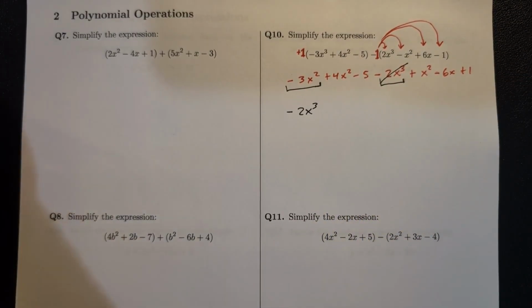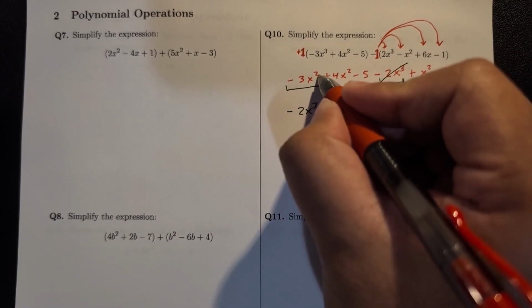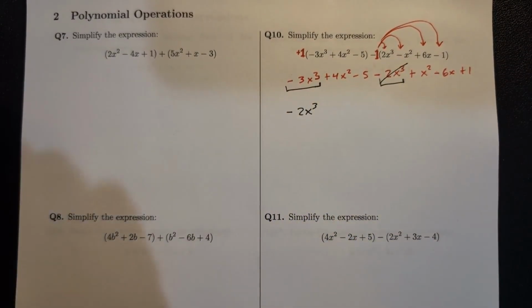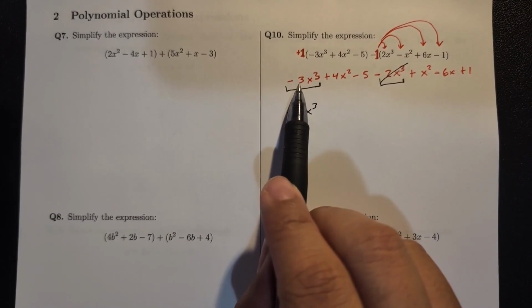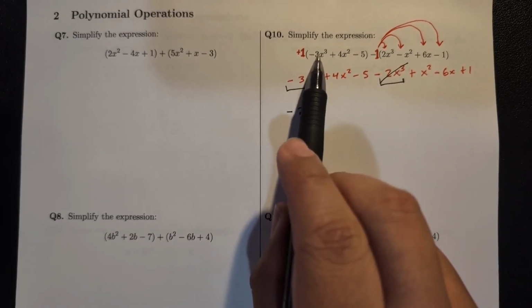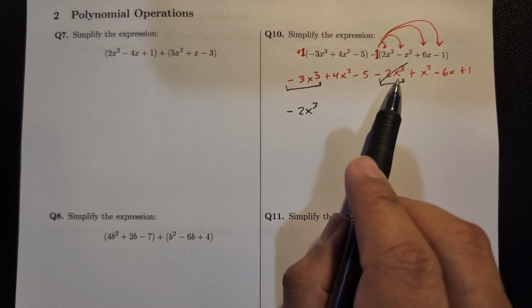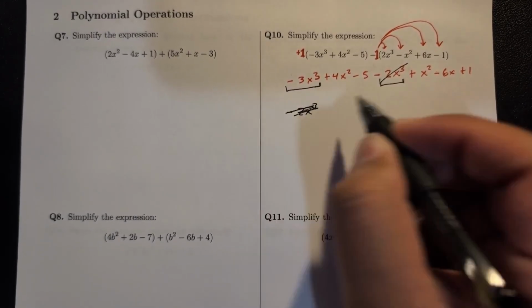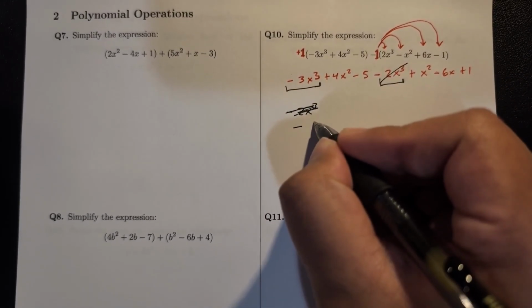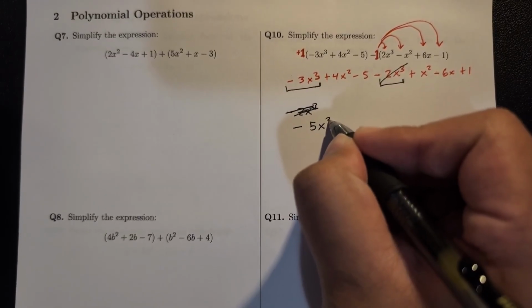Oh, there is a typo here. My mistake. This is x to the third. We could combine stuff. So this should be negative 3x to the third and minus 2x to the third. So this becomes not this, but negative 5x to the third.